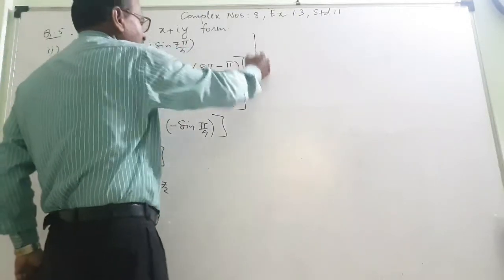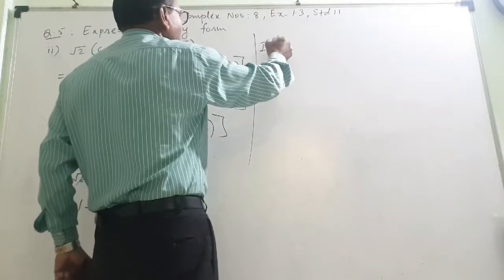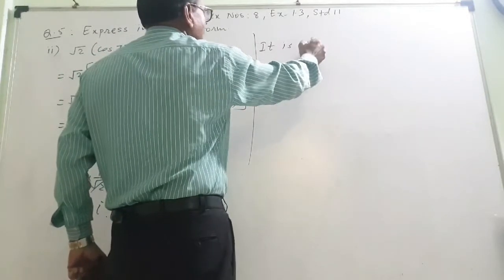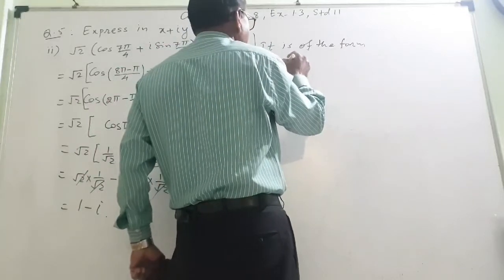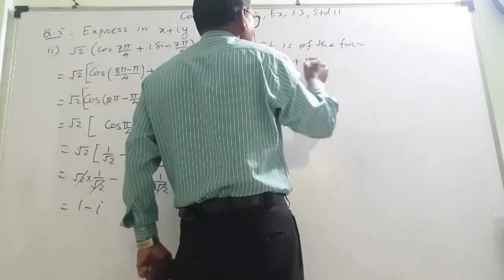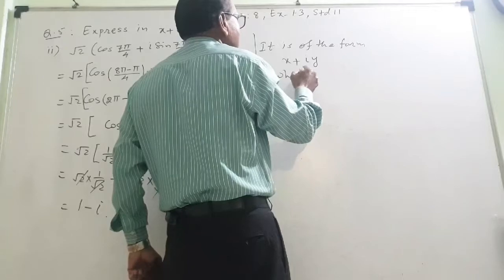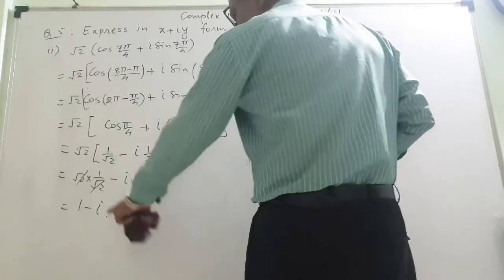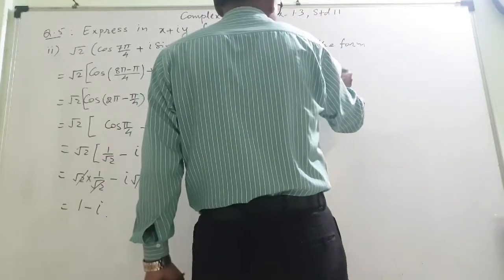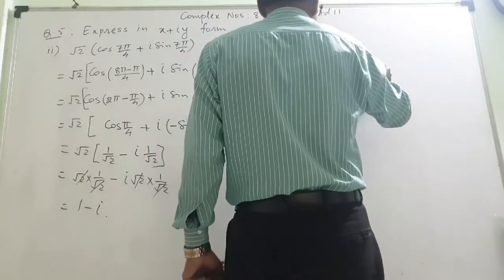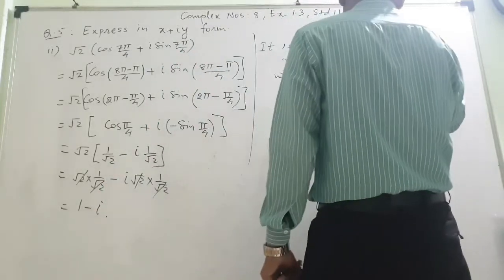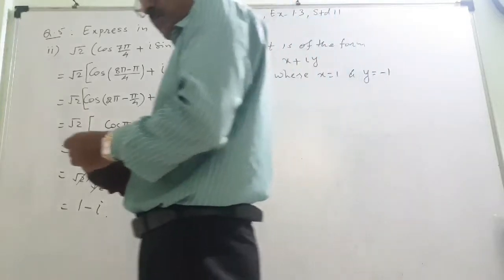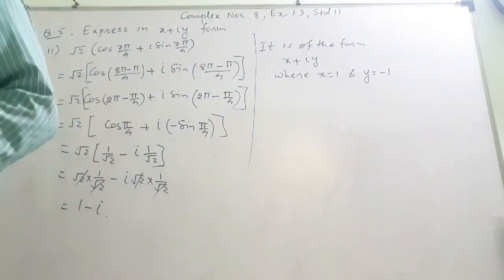Here you have to write, it is of the form x plus iy, where x is equal to how much? 1, where x equals 1 and y equals minus 1. So this way you should be in a position to write the answers.